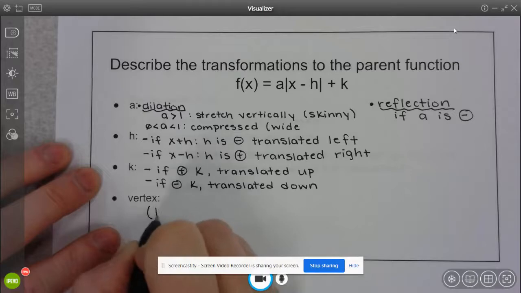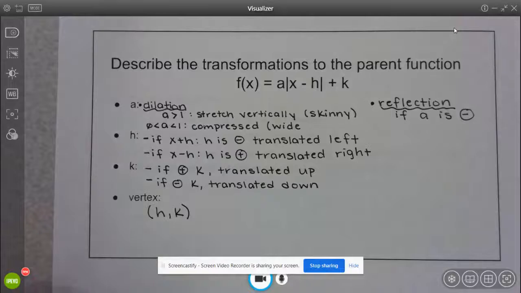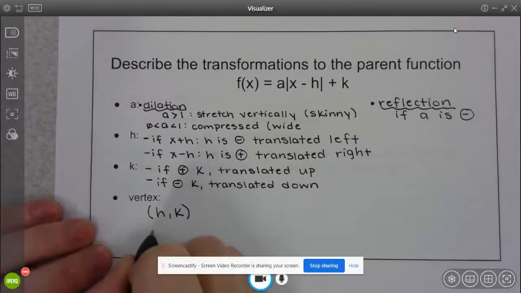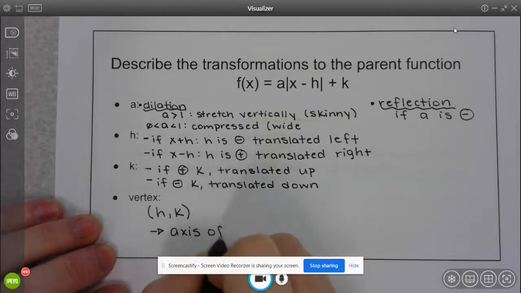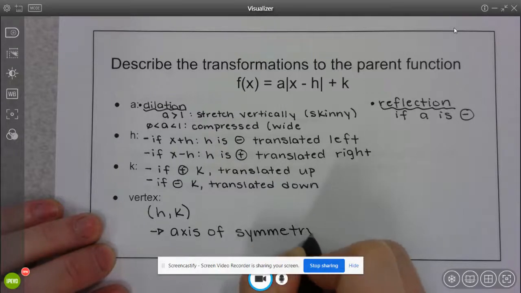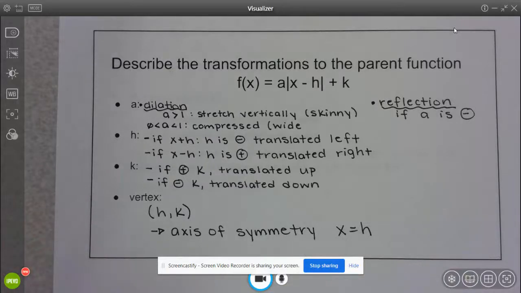So our vertex is (H, K), just like it was for quadratics. And our axis of symmetry is at X equals H. So those are all of the possible transformations that could happen, which again is identical to what it was for quadratics.